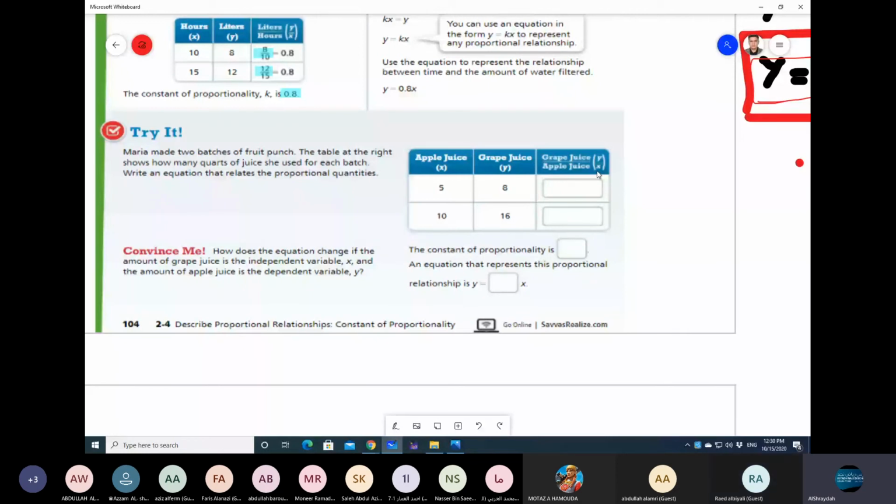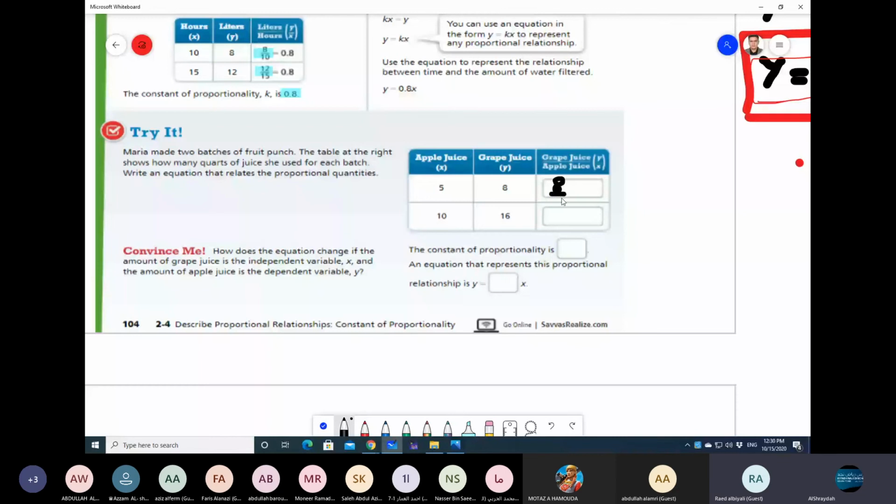What is the value of y? 8. Excellent. And what is the value of x? 5. Okay, so y divided by x is 8 divided by 5.